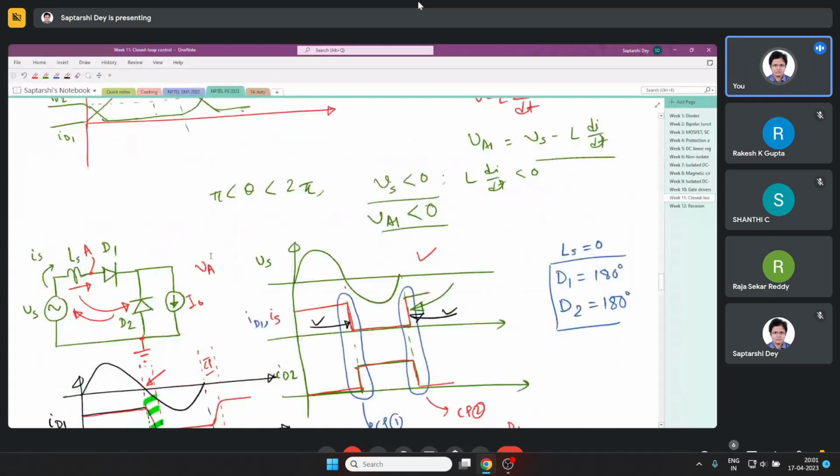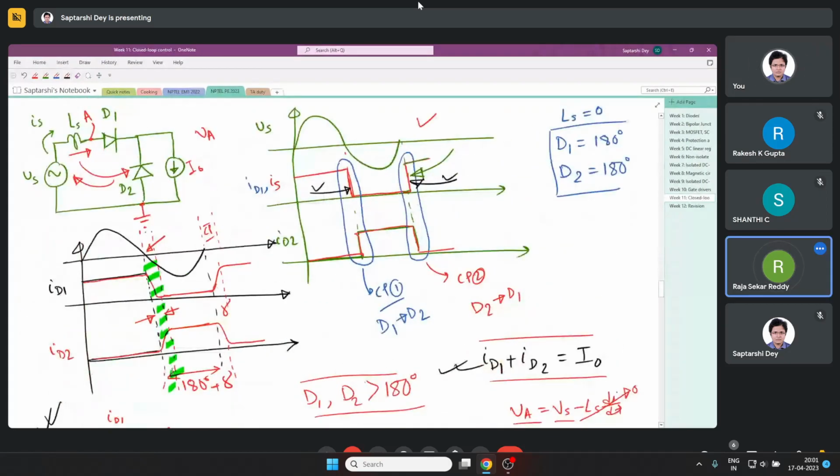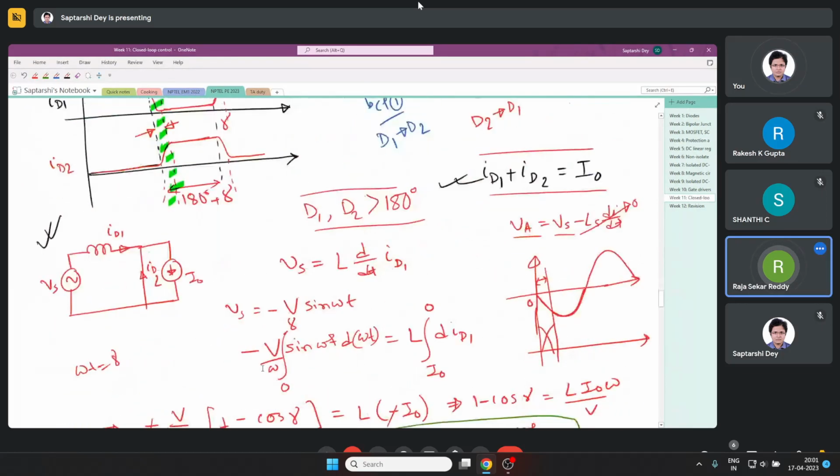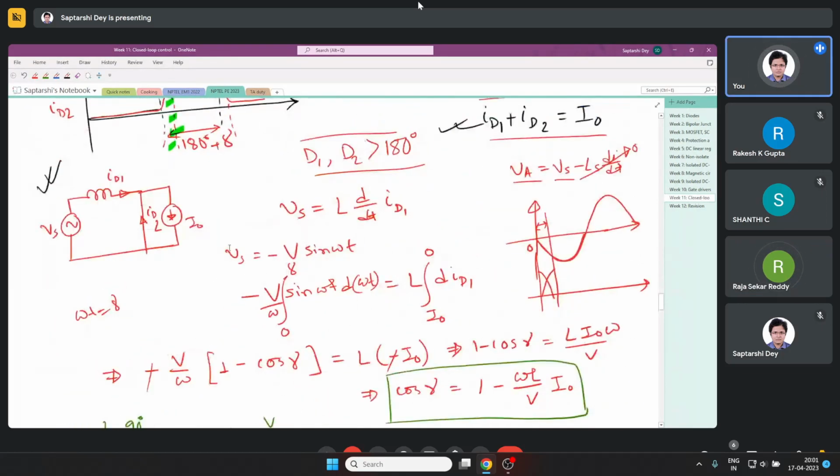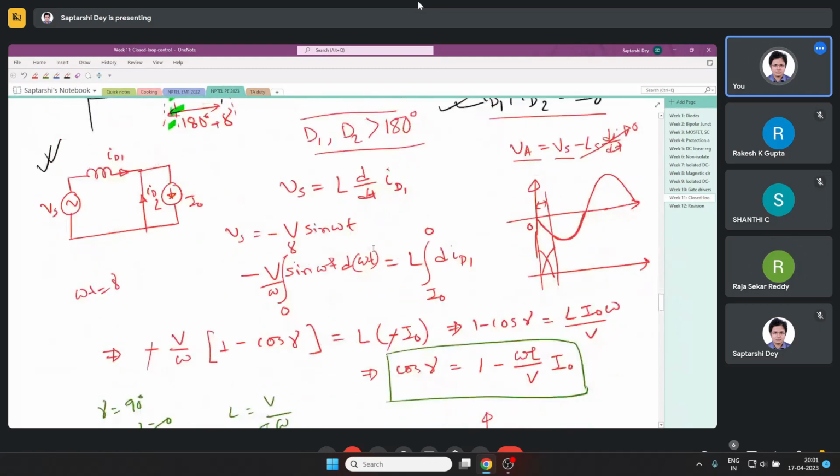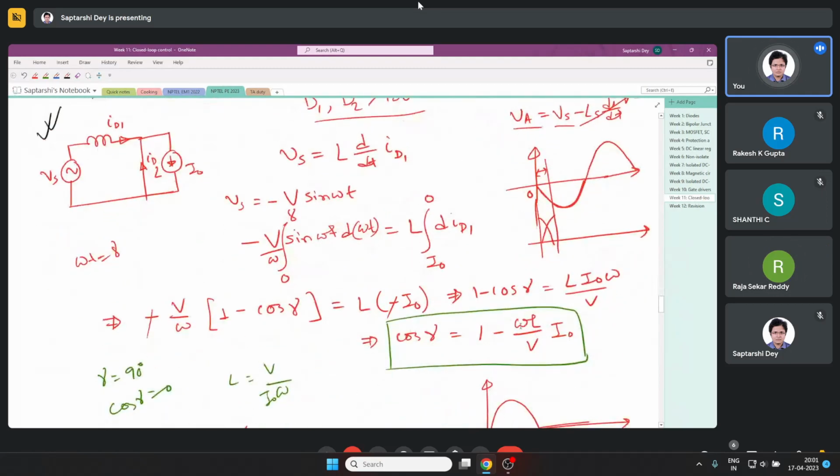Only by drawing these waveforms we found that both will conduct for more than 180 degrees. Now, I said that it is 180 plus gamma. Now a question came, how much is gamma? Can we calculate it? Yes, we can calculate how much is gamma. How long the commutation period would be depends on the load current, the frequency of the voltage, the voltage and the inductance, literally everything in the circuit.